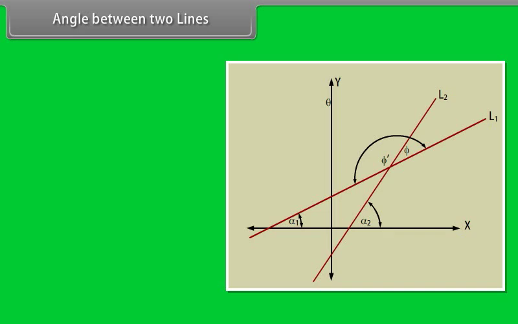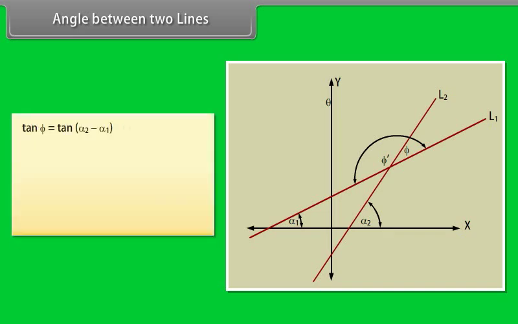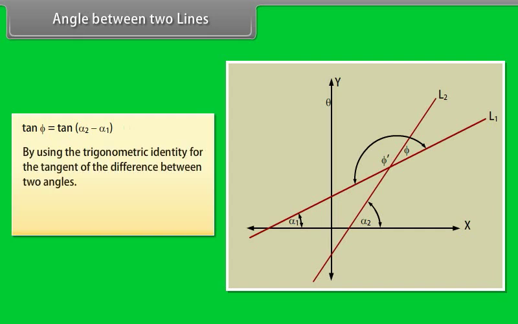From the slopes of lines L1 and L2, tan phi = tan(alpha 2 - alpha 1), by using the trigonometric identity for the tangent of the difference between two angles. Tan phi = (tan alpha 2 - tan alpha 1)/(1 + tan alpha 1 tan alpha 2).